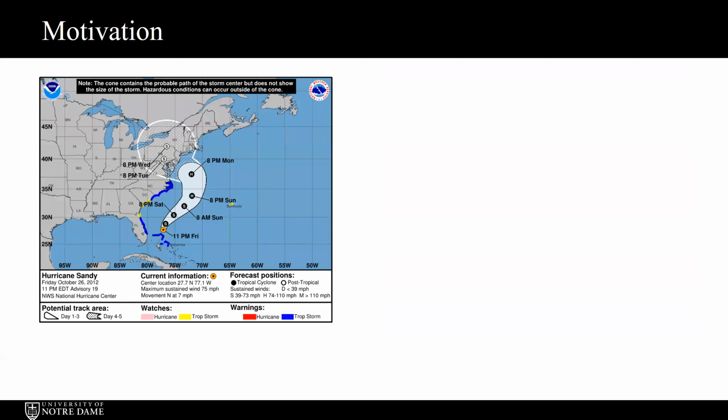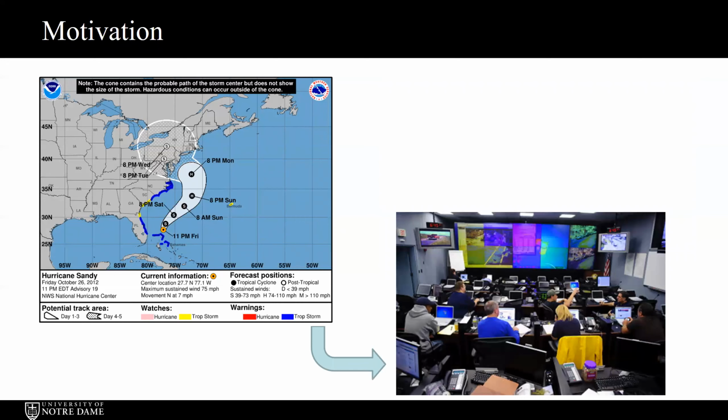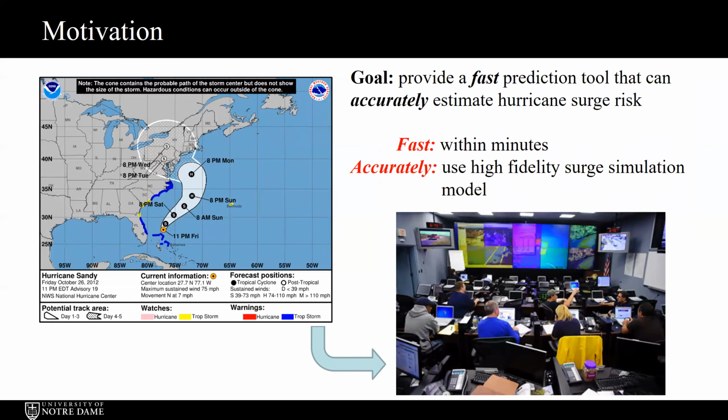This is the information provided by the National Weather Service before a landfalling hurricane event, an expected track and some cone about the variability of the predictions, how the storm is expected to behave. Our goal is to help emergency response managers or even regional planners to make decisions by providing a fast and accurate tool to predict surge risk.